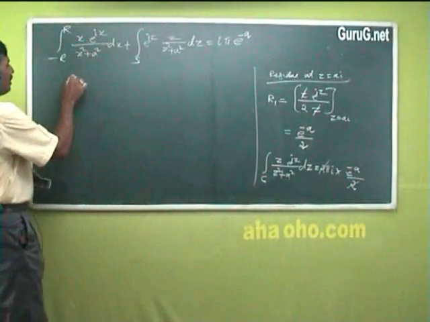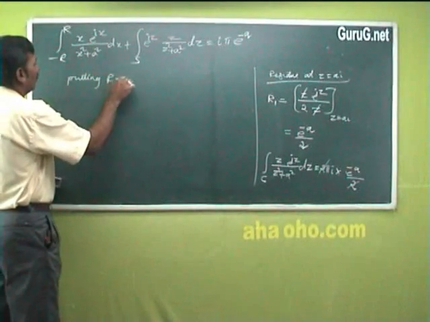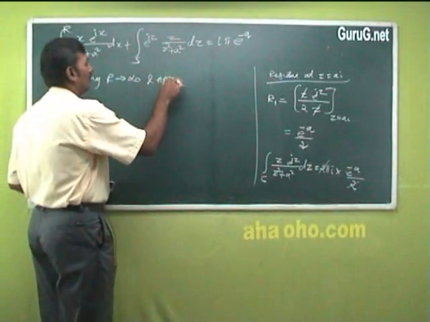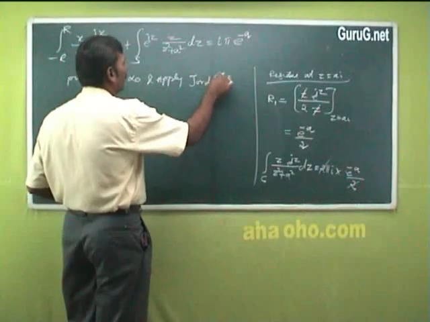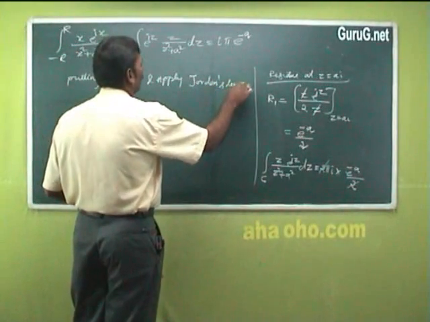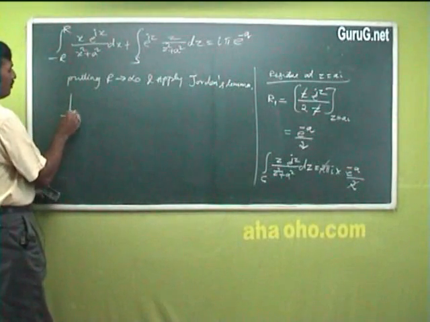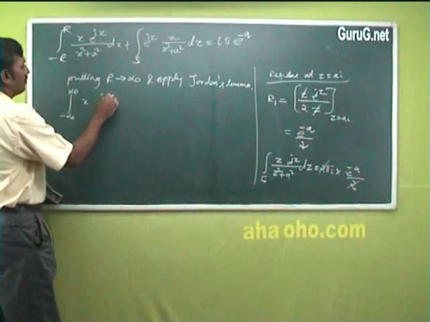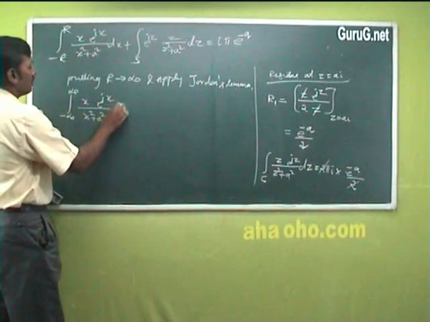Now, putting r tends to infinity, and applying Jordan's lemma, we get the integral from minus infinity to infinity of x into e power ix by x squared plus a squared into dx.